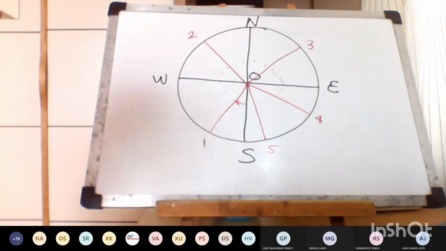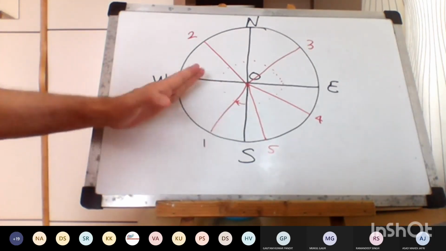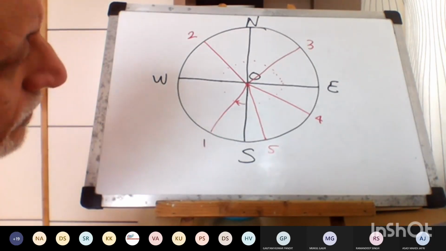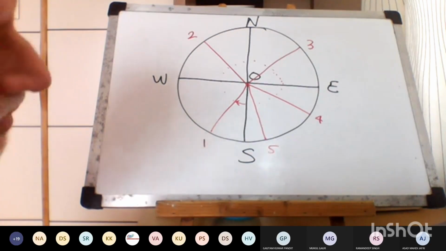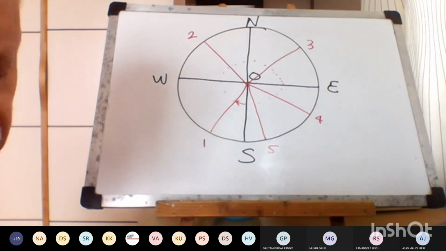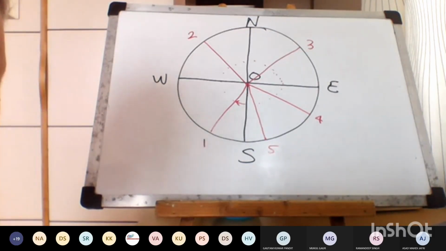Yes, sir. The angle between the... slightly different. The diagram is not very correct, but just to give you an indication, let us say, because the finer aspect I can tell you a little later. Let us say this is the angle, local hour angle.